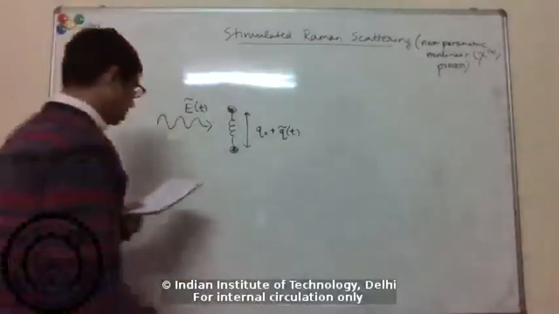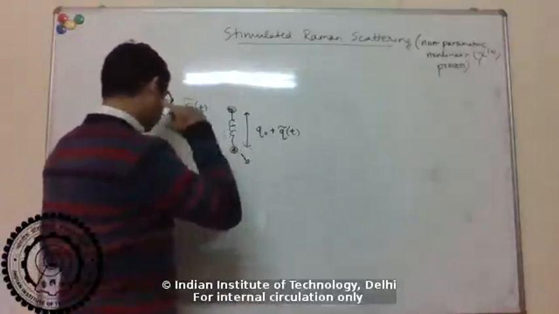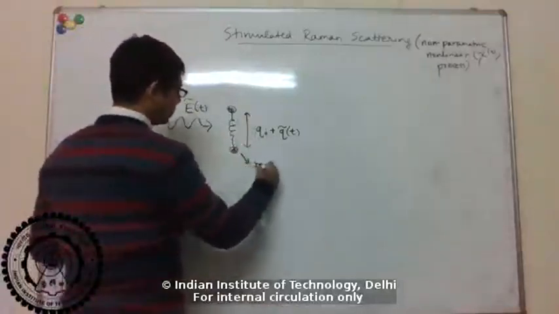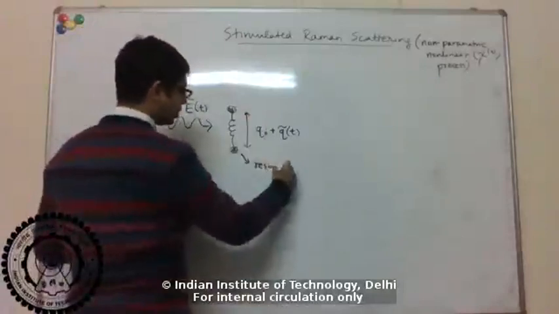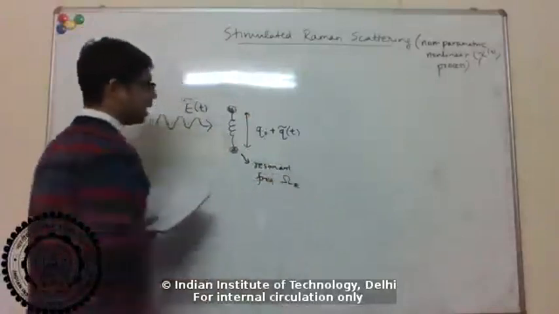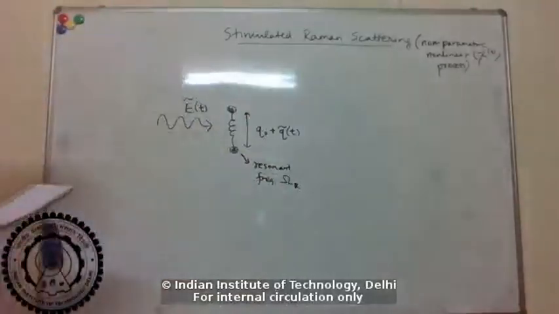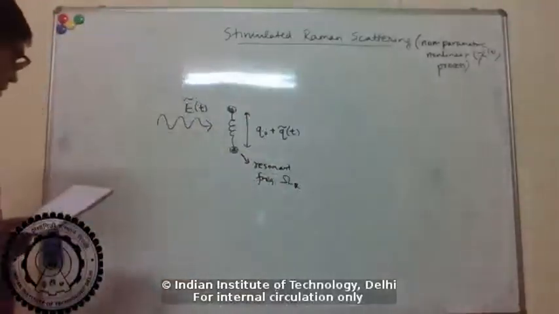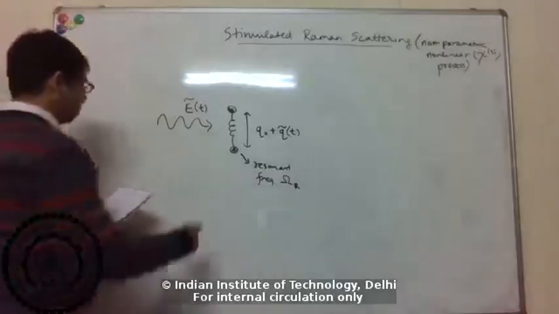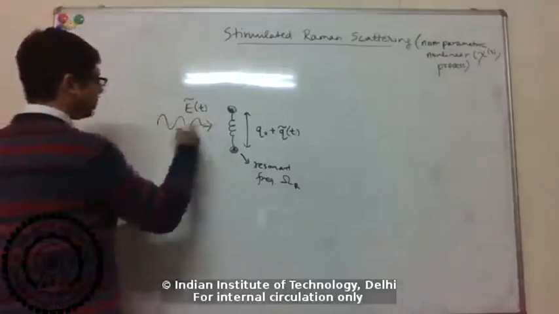Again, let's assume that this particular atomic or molecular system has some resonant frequency of vibration, which we denote by omega r. For the electromagnetic wave, let's consider two frequencies present here.